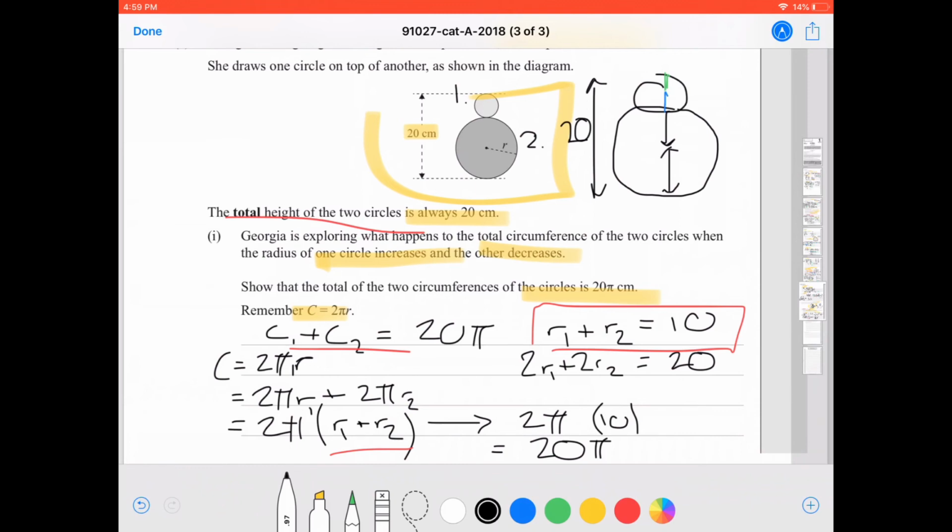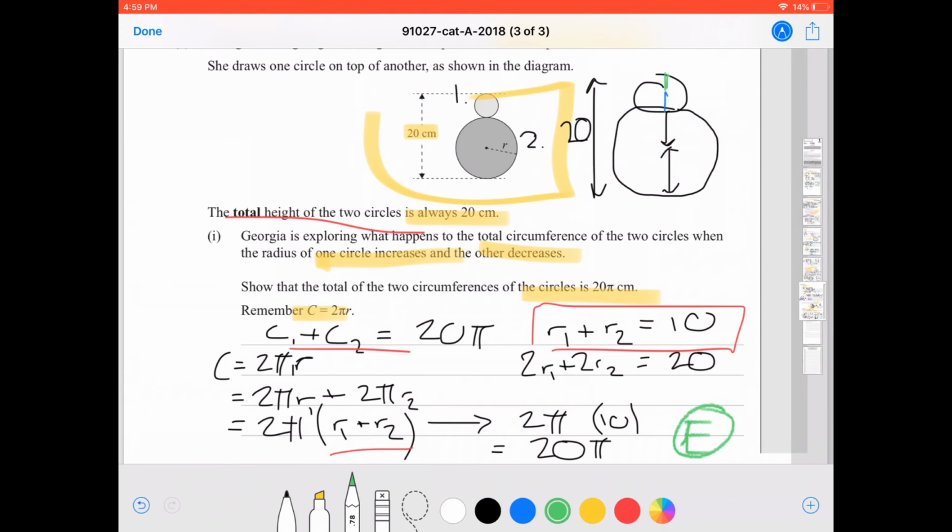is actually an excellence grade. The actual working, pretty simple, but it's that abstract thinking with the radiuses and the diameters and the height, and that's why it's excellence here. So correct proof using generalized algebra to complete the show question, that gives you excellence.